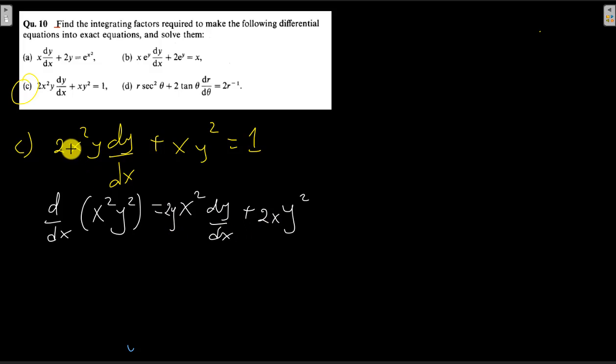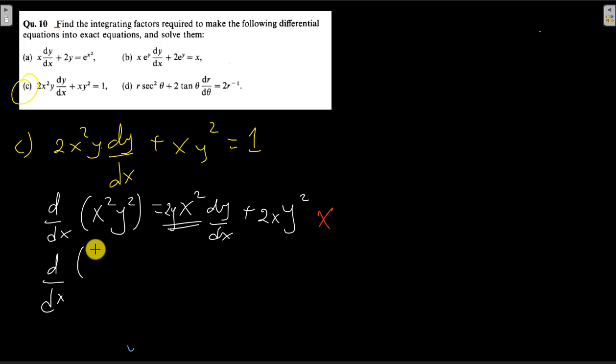Let's see, we have 2x squared y. Oh, that's the very term that is here. So that's not good because we cannot factorize out anything, especially the x, especially the 2 that we wanted to make it look like this. So yeah, this isn't good enough, so we'll cross that out. Let's take another trial.